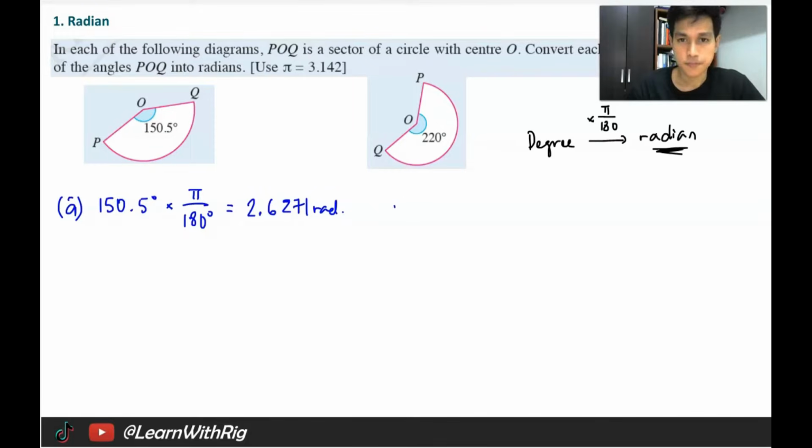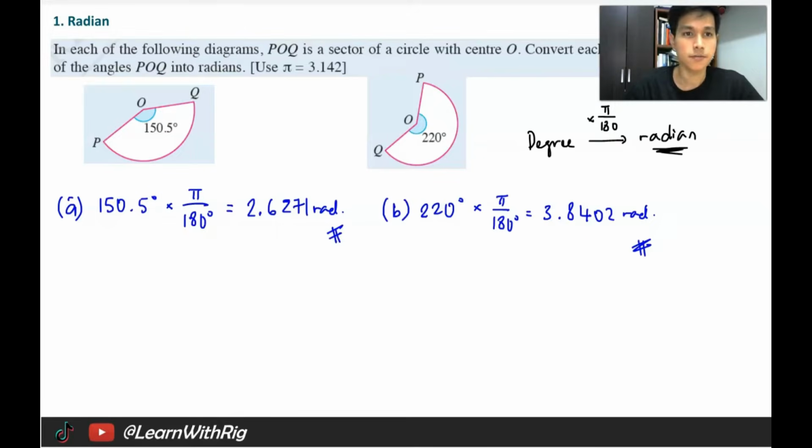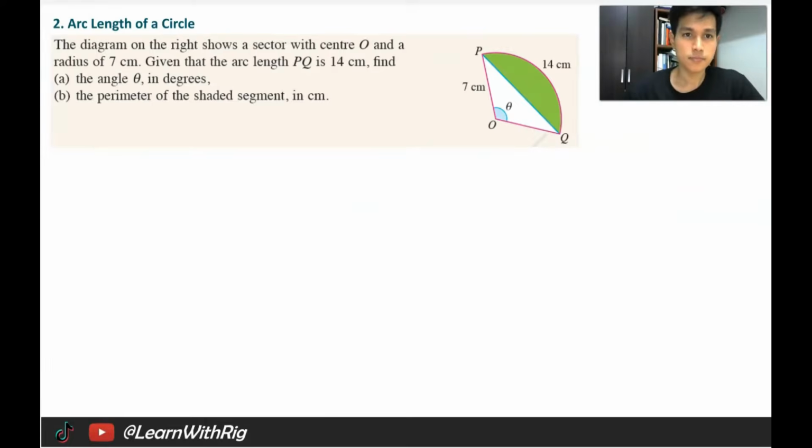Question B, 220 degrees, multiply by pi over 180. You will get 3.8402 radians. So these are your answers.